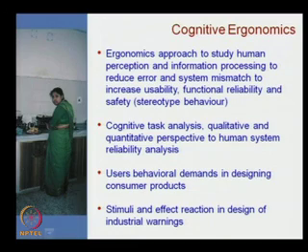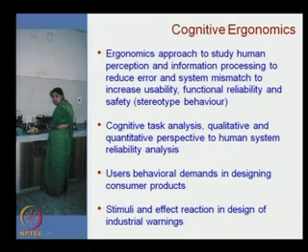Now, another area under cognitive ergonomics is the ergonomics approach to study human perception and information processing to reduce error and system mismatch, to increase usability, functional reliability and safety at stereotype behavior.